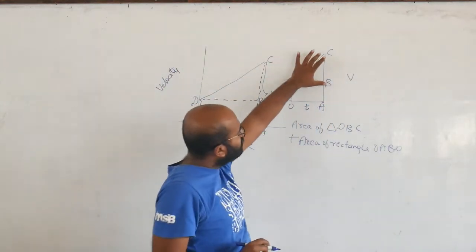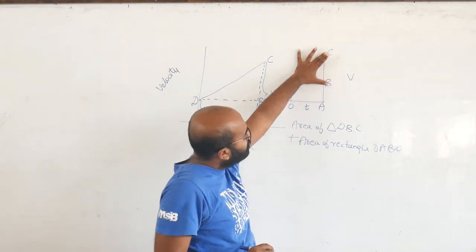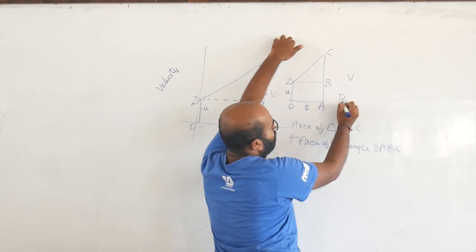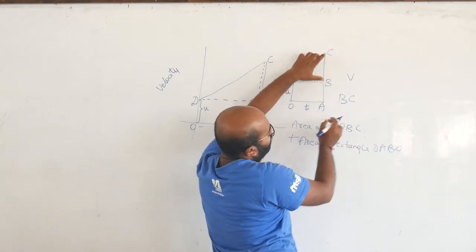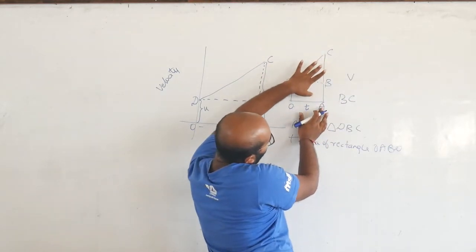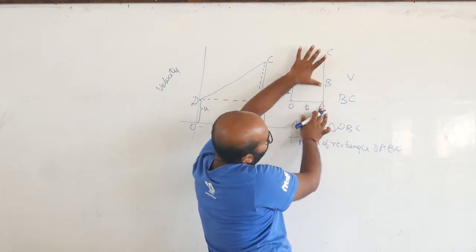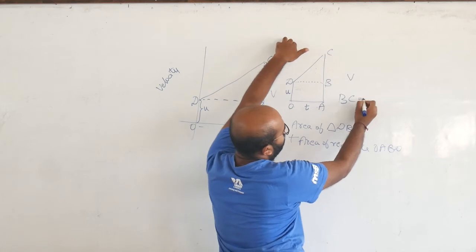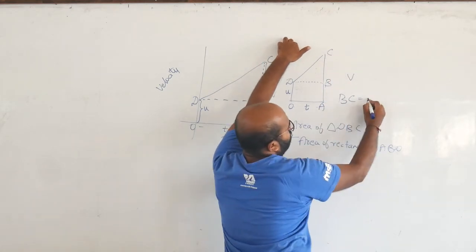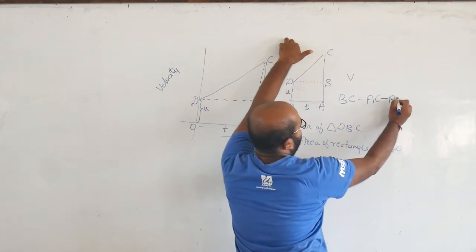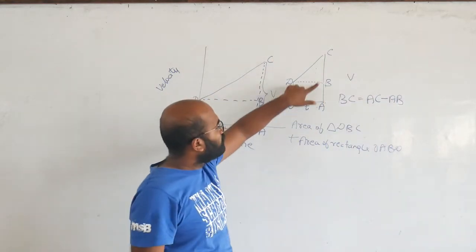If I need BC, what I need to do is subtract AC minus AB. So this will give me BC.